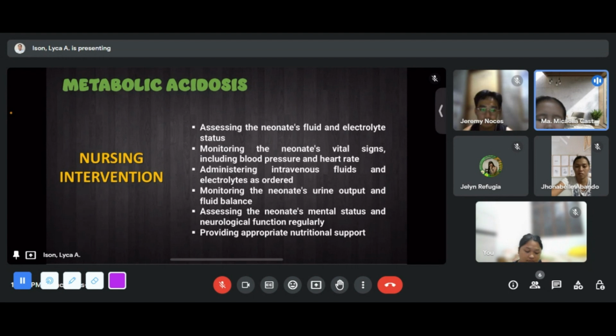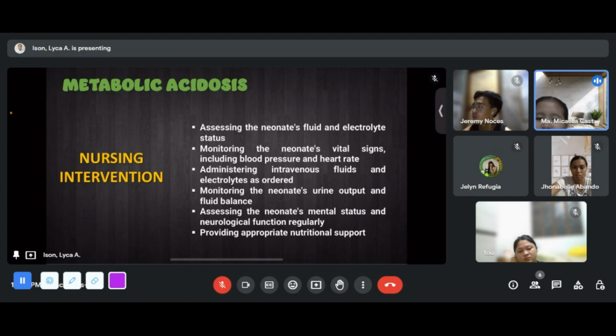So, yung nursing intervention: assessing the neonate's fluid and electrolytes. Fluids and electrolytes play a vital role in homeostasis within the body by regulating various bodily functions, including cardiac, neurologic, acid-base balance, and much more. Then, monitoring the neonate's vital signs.